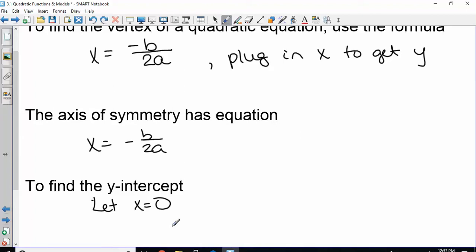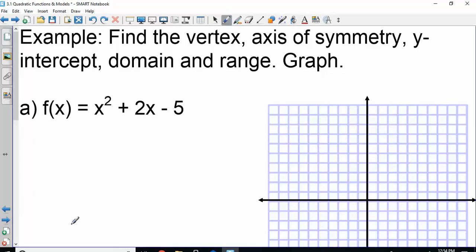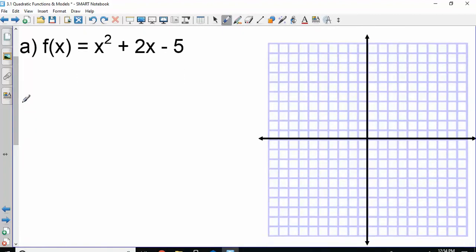Okay, so let's use that to graph some of these. I'm asking vertex, axis of symmetry, y-intercept, domain and range, and graph on all of these. First thing we have to do, opposite of b over 2a. So my b is 2, a is 1. So I get negative 2 over 2, which is negative 1.